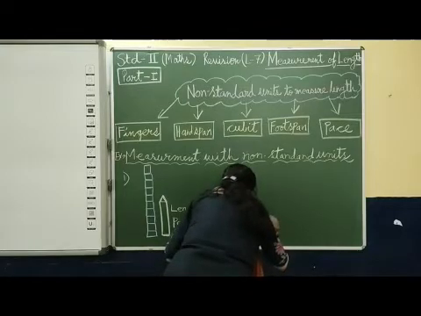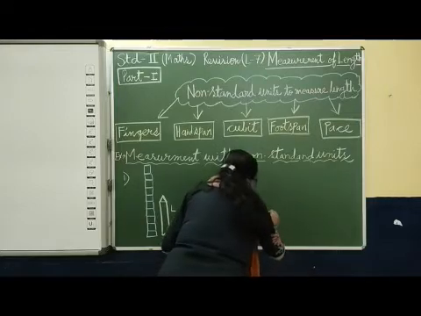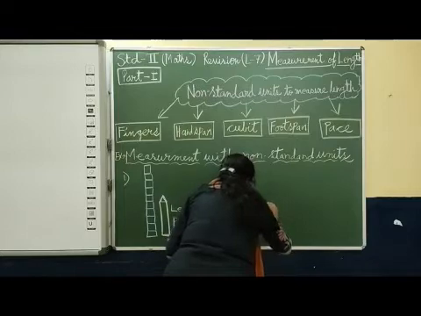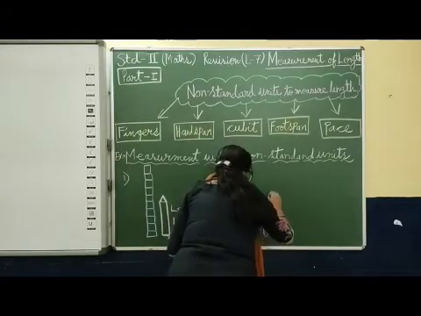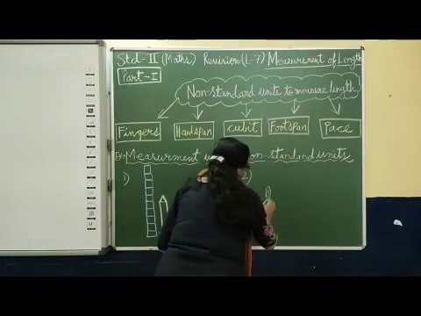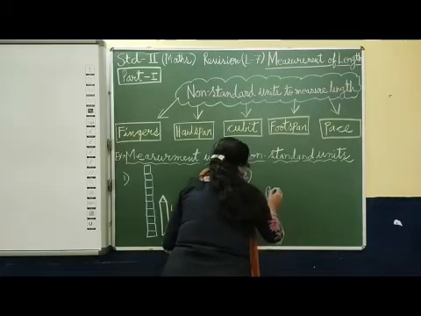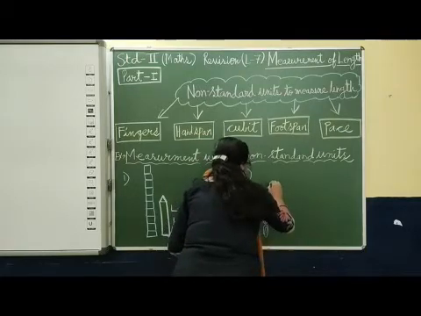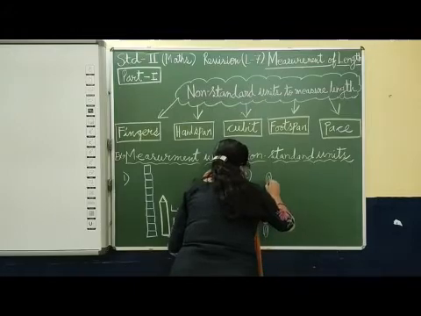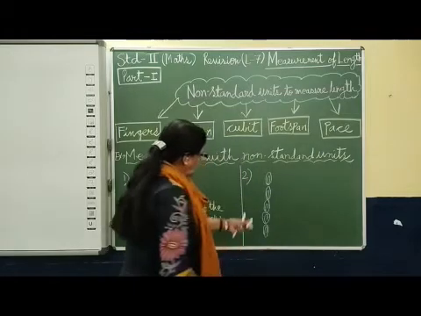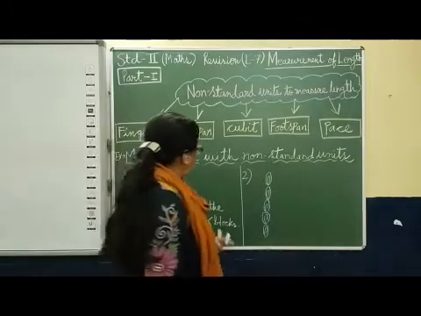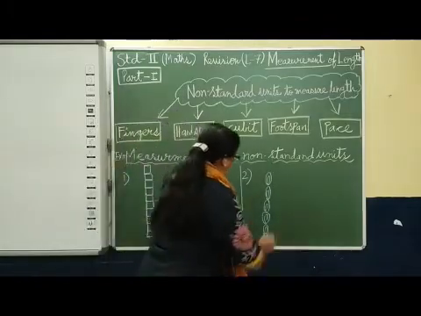Now again this is 2. Now again this is, I am not so good at drawing, 3. Now this is 4. Okay. So like this way, this is 5. So here we have drawn paper clips. Okay. These are blocks and these are paper clips.